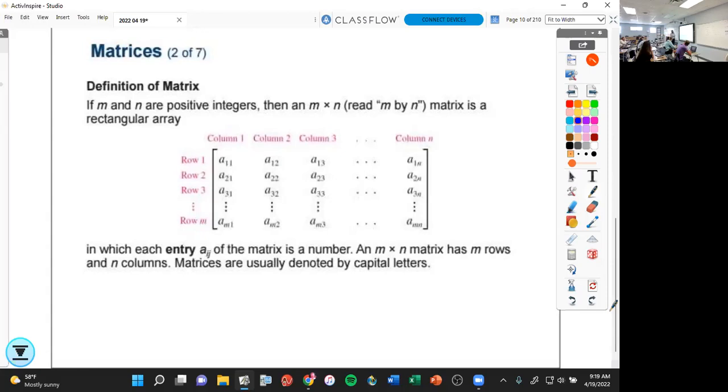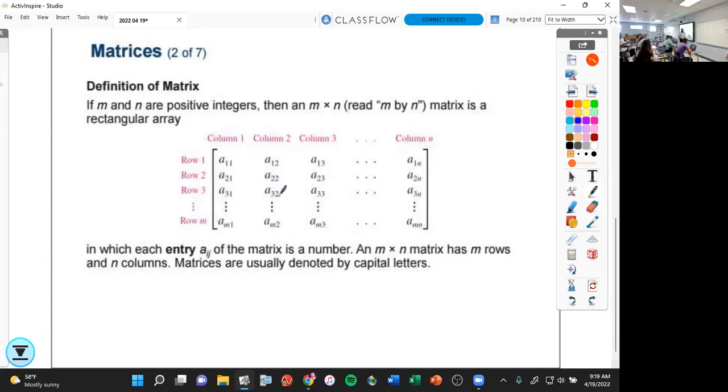M by n. Matrices are usually denoted by capital letters. So in row 1, this very first element would be a sub 1,1. I'm in row 1, column 1. So row 3, column 2, that would be a sub 3,2. Row 3, column 2.